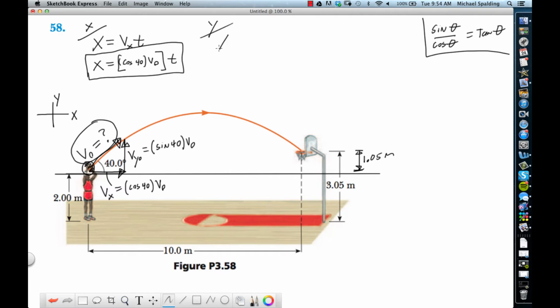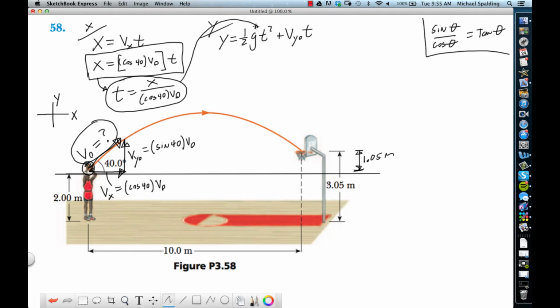It's the most commonly used kinematic. y equals 1/2 g t squared plus Vy initial t. Now, what is Vy initial? Sine 40 V initial. And then we're going to substitute in t. Take this equation here, t equals x over cosine 40 V initial, and plug it in for t.